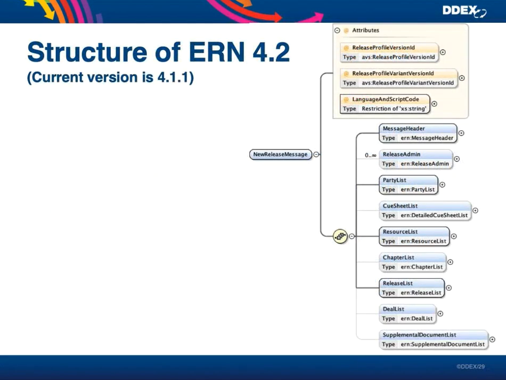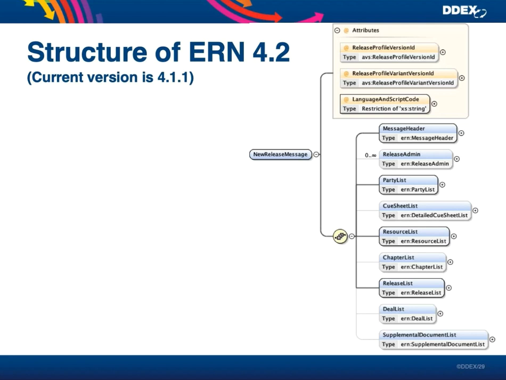So how does ERN 4.2 look like? Now, this is something very few, I don't know whether there are any members taking part in this seminar, but those of you who are not members will not have seen this structure of the message. This is ERN 4.2.